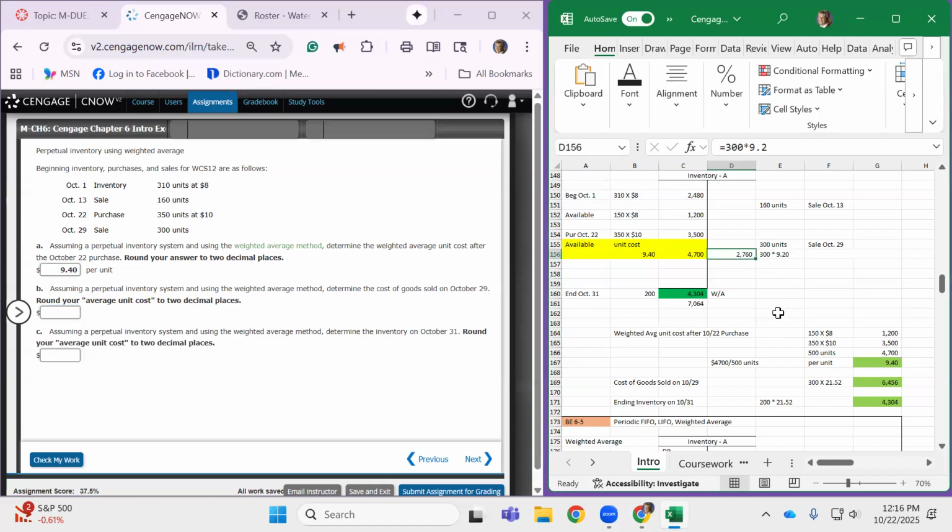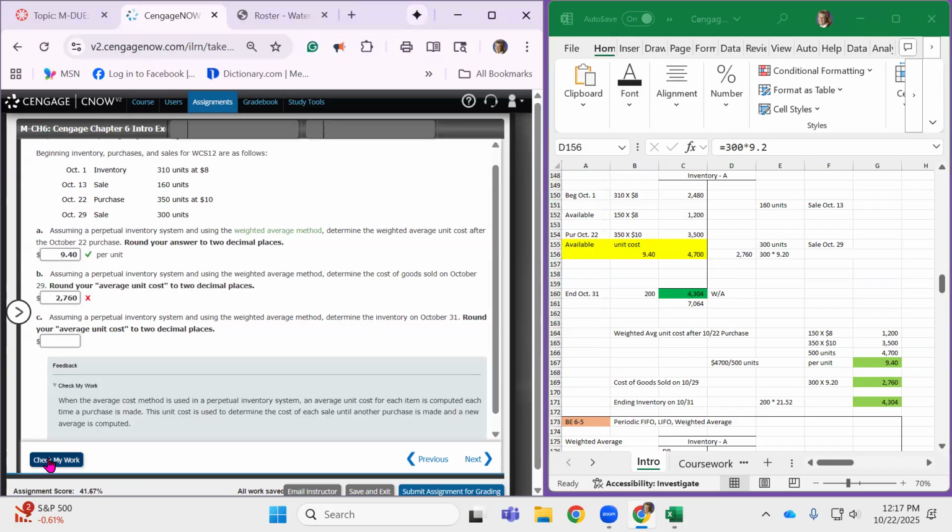On October 29th, we sold 300 units at an average cost of $9.20. So we'll calculate that right here. It's 2760. There it is. It matches. As long as that matches with this, we're in good shape. See, we're checking ourselves here.